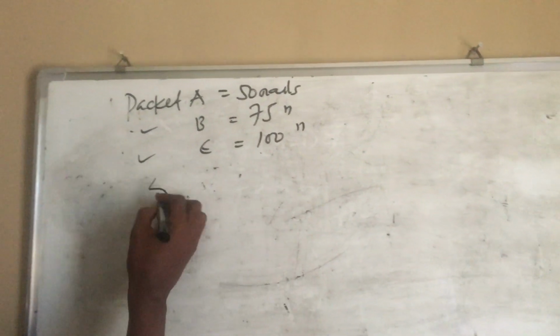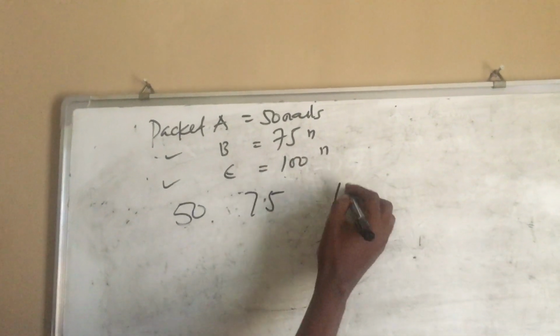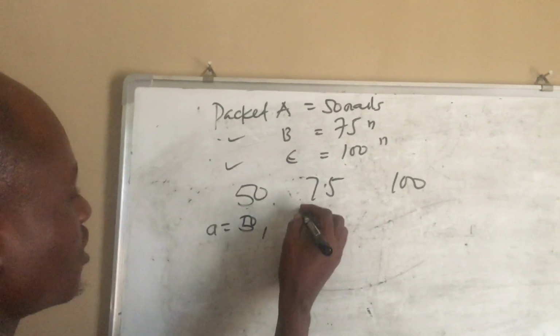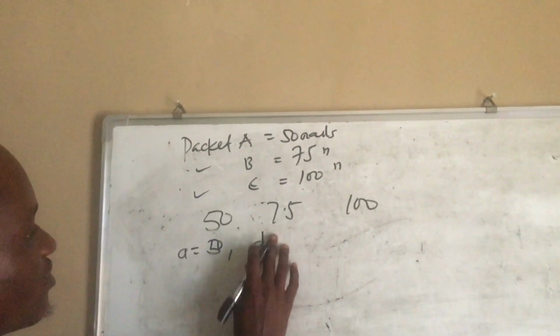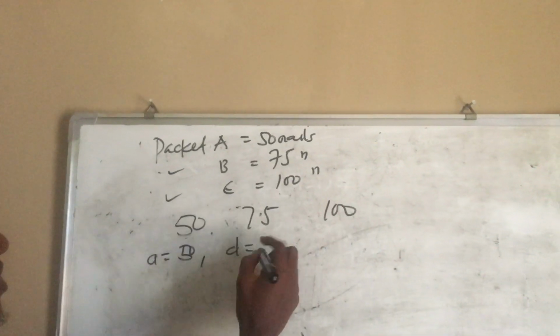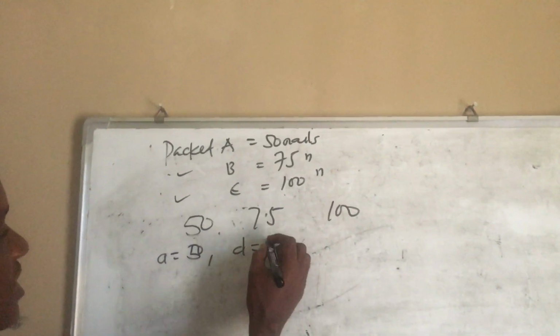The first term is 50, and the common difference is 75 minus 50, or 100 minus 75, that is 25.